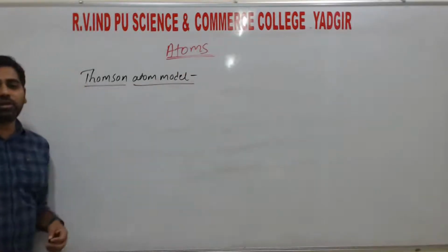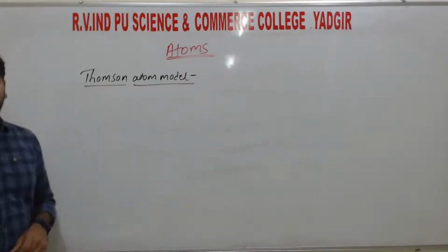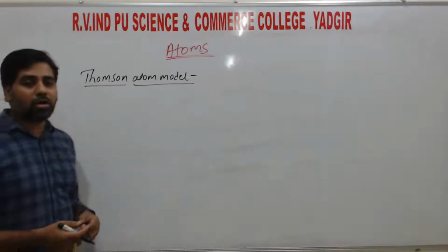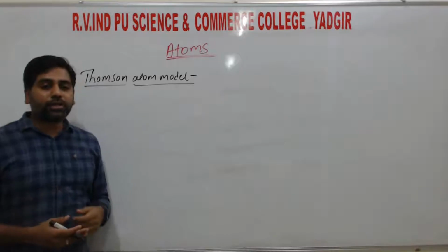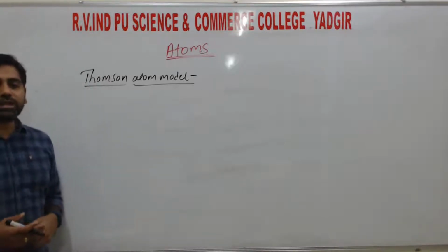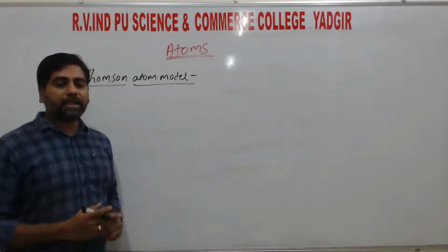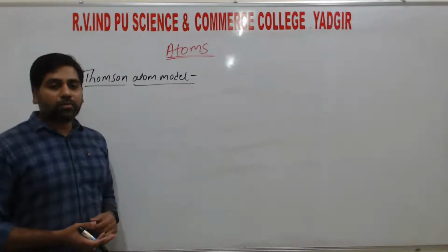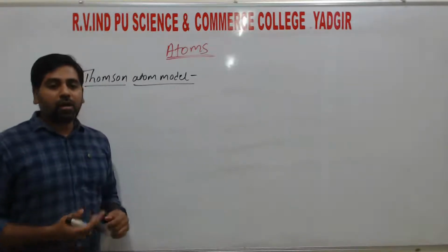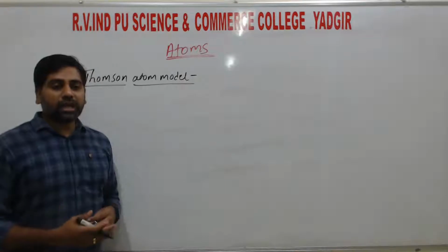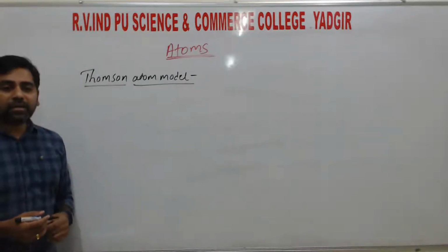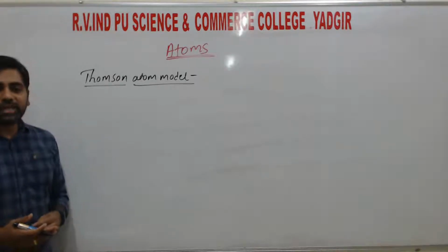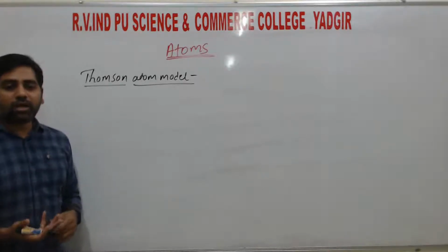So this one is the first atom model which was proposed by Thompson. According to this model, the total positive charges of the atom are uniformly distributed in an atom, and the negative charges, that is electrons, are present in the manner of the seeds in a watermelon.